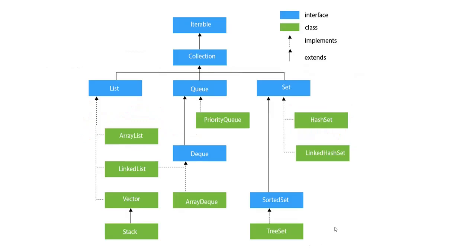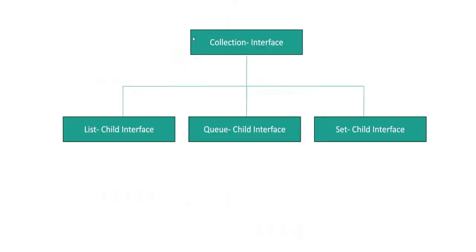Let's understand it. You remember this architecture. Here we spoke about Collection, and we have three different types of it. This is the root of it. Collection is an interface which has three different child interfaces, namely List, Queue, and Set. Under these, we have different classes, and those have different methods.